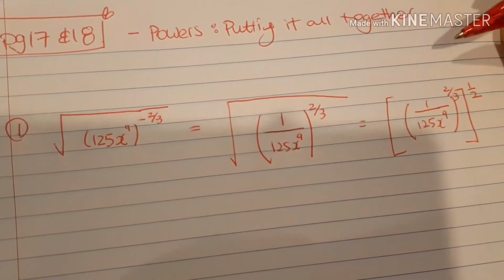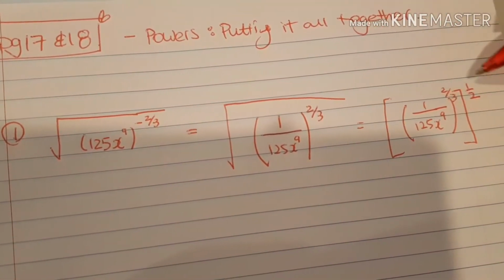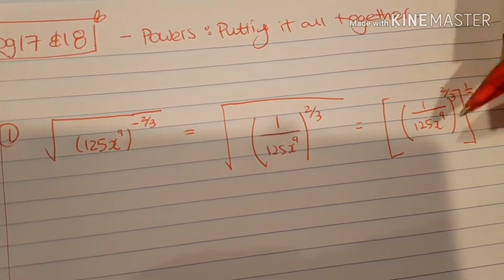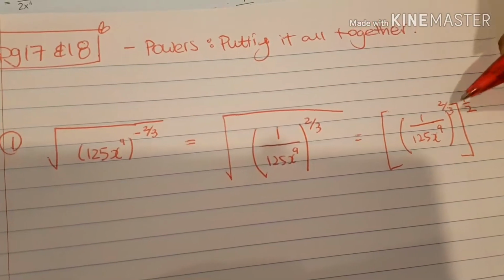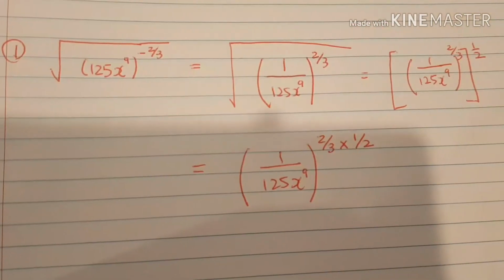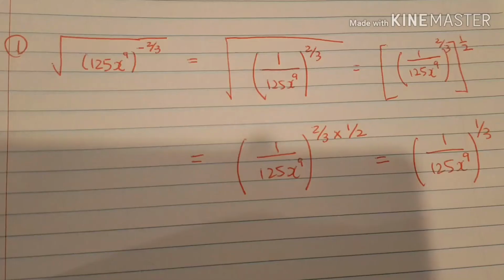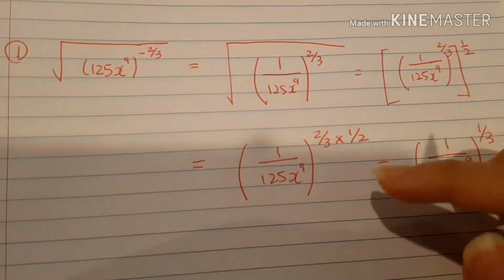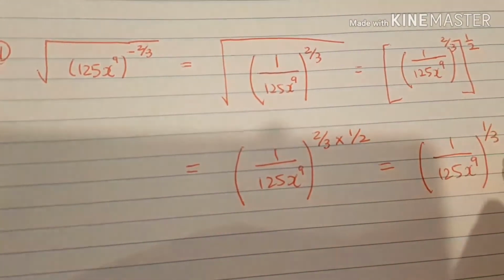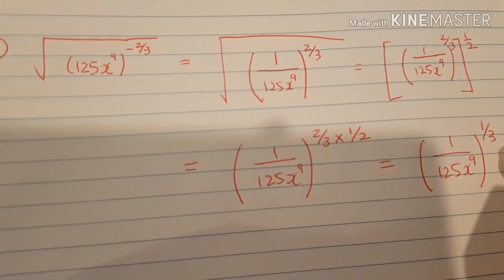Of course, over here it's powers of power because I have a bracket power and then a bracket power. So for powers of power, I'm going to multiply these two values like this. And if you just multiply, these two cancel out together, so therefore it's going to be just 1/3.